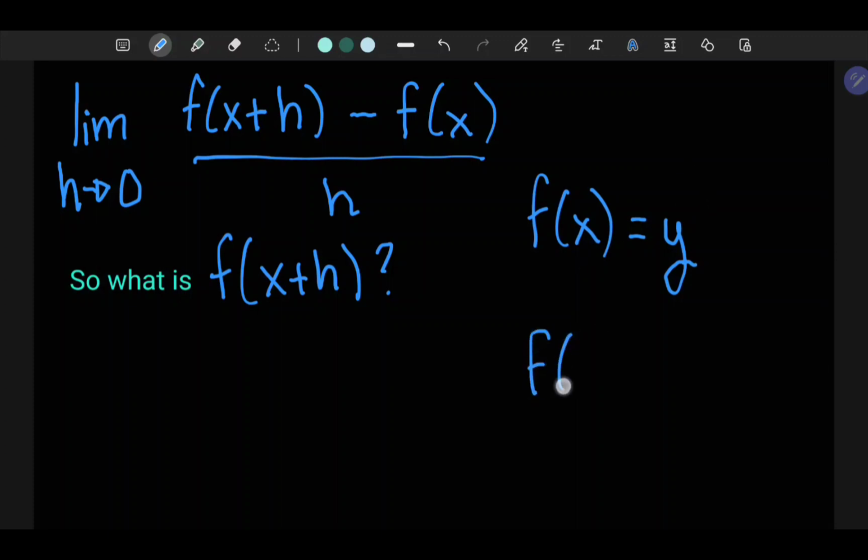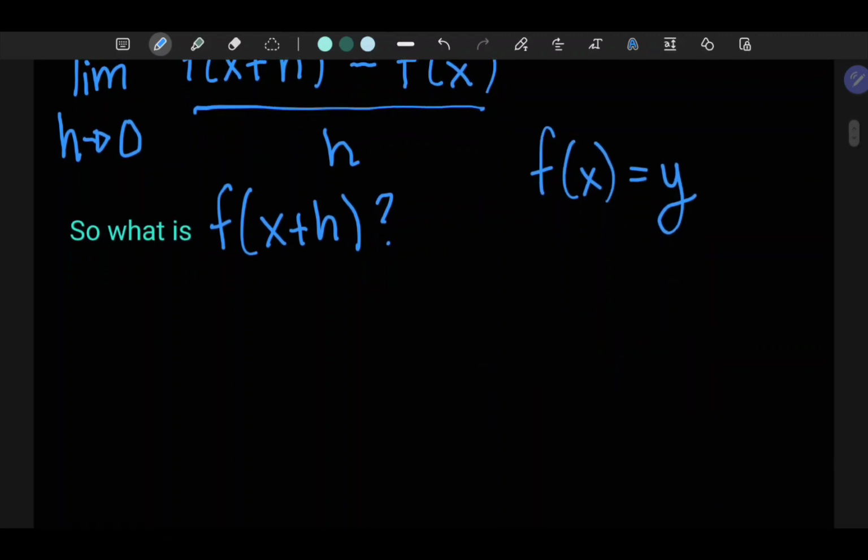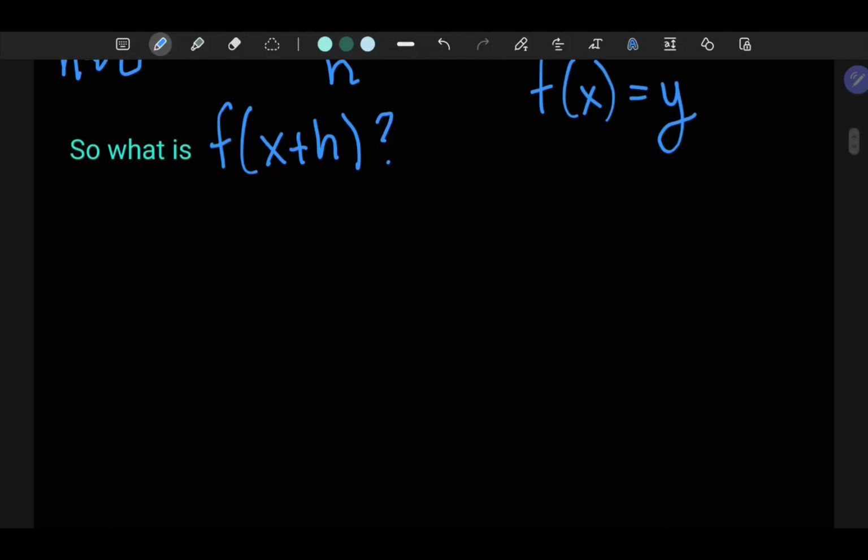So if I plug in a 2 for x, it will give me whatever y I have on my graph when I go to 2 on x. So f of x plus h is just another point for an x value. So it's just standing in place of another x value on your graph. So all you have to do is plug in x plus h in place of x.